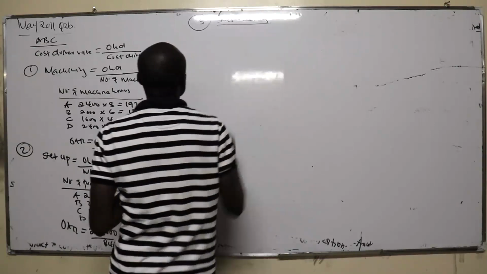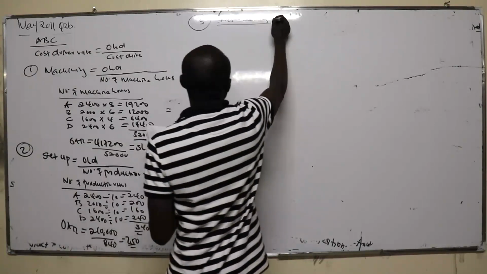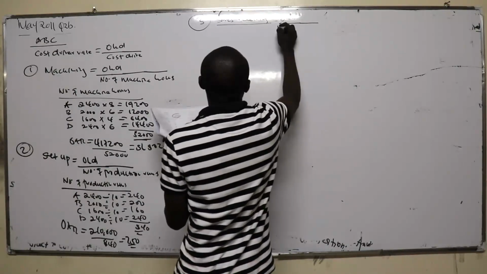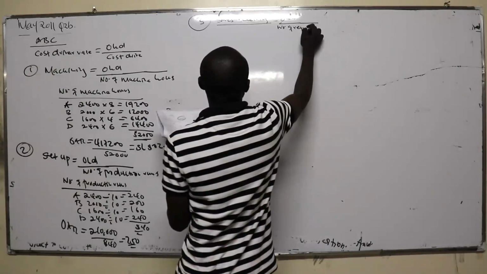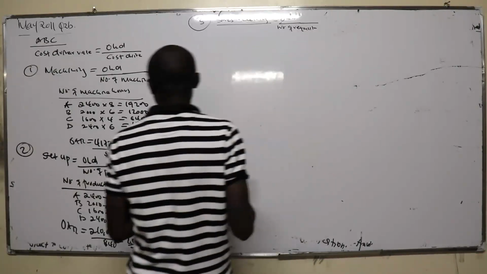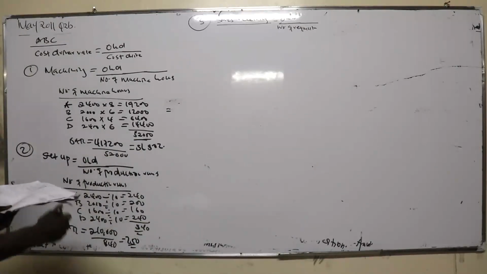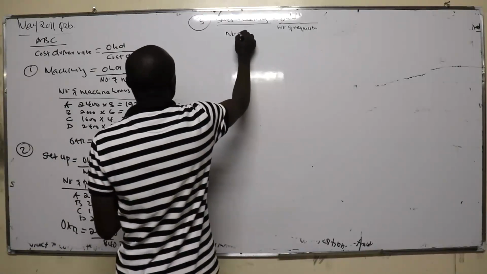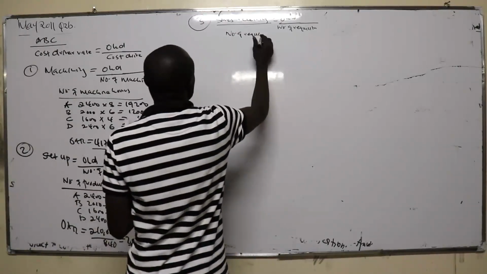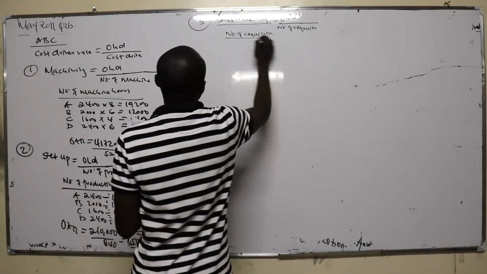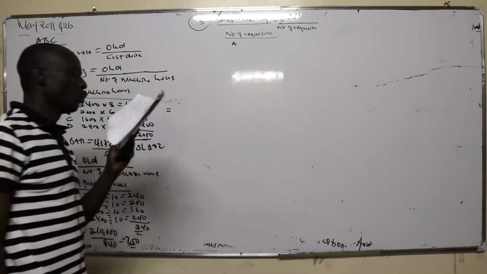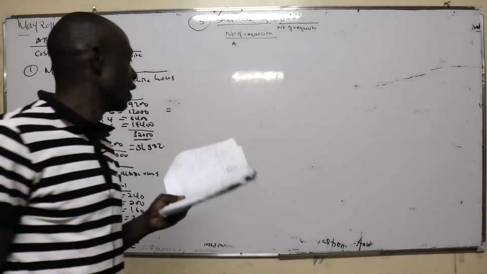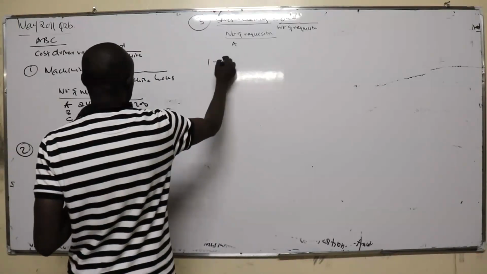The overhead absorption rate is going to be overhead over the number of requisitions. For the number of requisitions, we've been told in note number 4 that the requisition rates during the month were 20 units for each product. So in other words, one requisition is equivalent to 20 units.